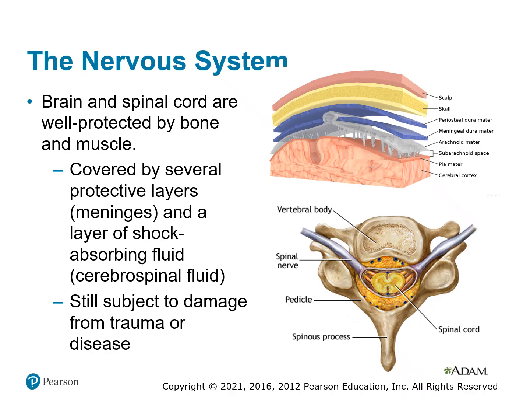The nervous system, the brain and spinal cord, are well protected by muscle and bone, but damage to the vertebrae can cause spinal trauma, and it can also be caused by disease. Let me show you the linings of the skull up there on the top.